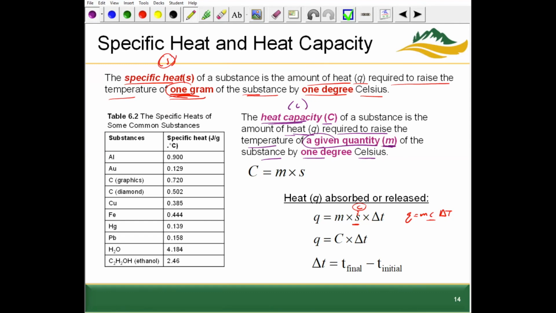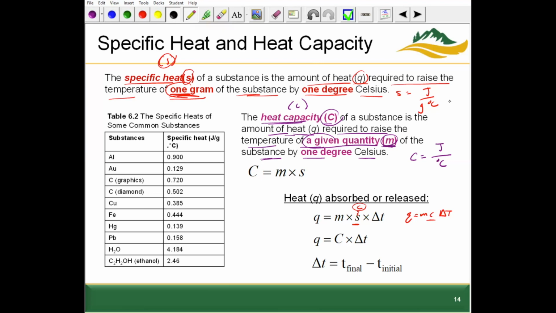So in terms of units, the specific heat capacity, or S, is how much heat, so joules, required to raise the temperature of 1 gram of the substance by 1 degree C. Then heat capacity, or just C, is the amount of heat, also joules, required to raise the temperature of a given quantity or mass of the substance by 1 degree Celsius.